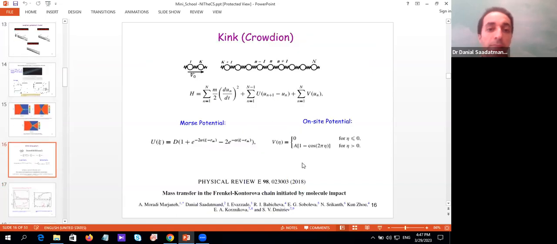Another example of the creation of the kink is that if we have a one-dimensional nonlinear chain, and a number of atoms, let's say K, move toward such a chain with initial velocity V0 and collide with the chain, the kink can be created in such a nonlinear chain if the interatomic potential is in the form of the Morse potential and the on-site potential is in the form of the periodic one.